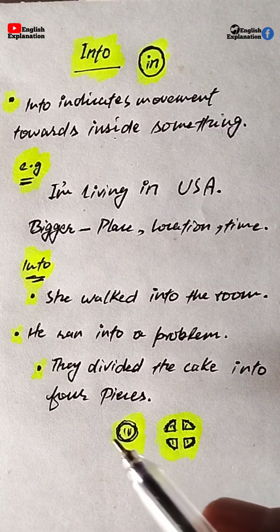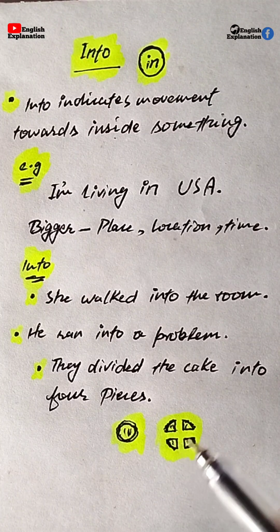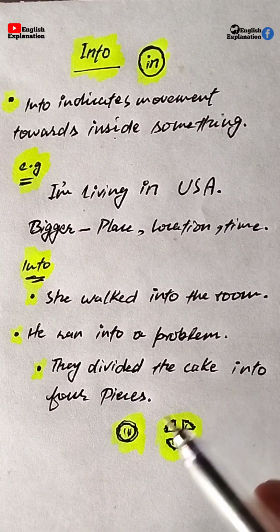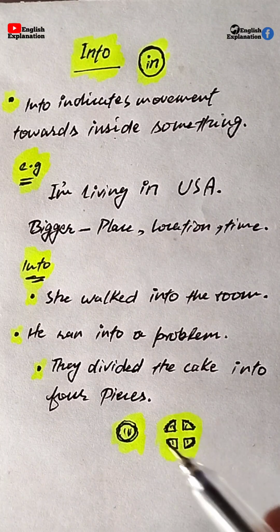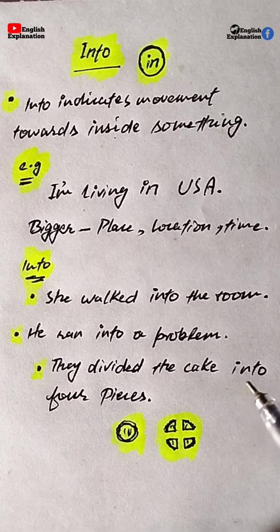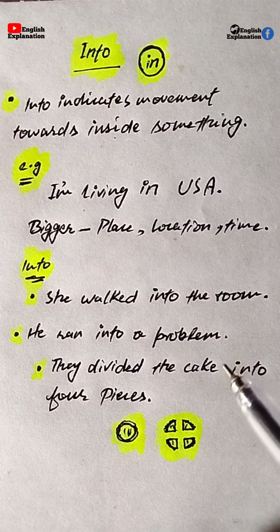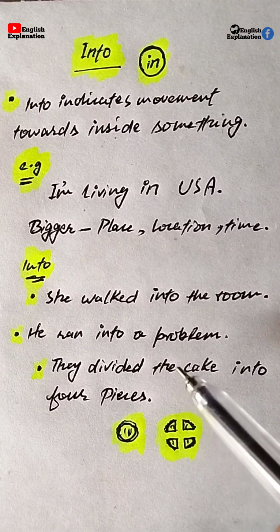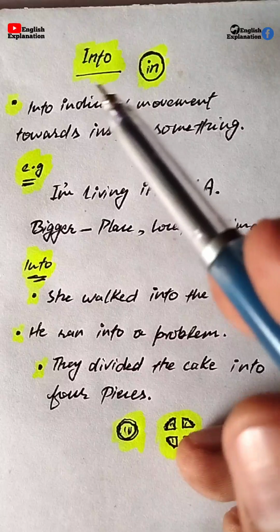It's going from one single piece to 4 parts. So here into is showing direction. The cake is going into 4 parts. That's why we are using into here, not only in, showing a direction. I hope you got the concept behind preposition into.